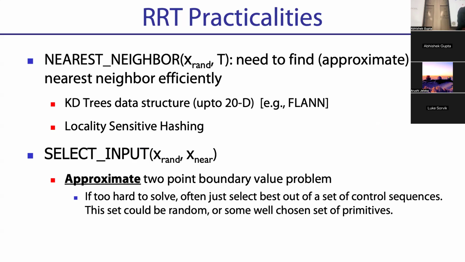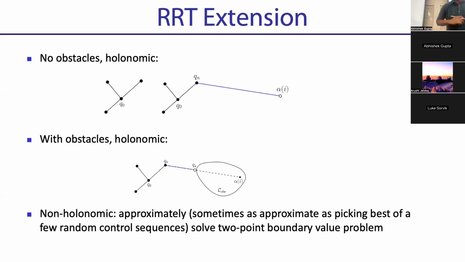And so the nice thing is that you can be approximate in how you solve this problem, right? If there's no obstacles and you can just teleport through space, then you can obviously connect magically from here to here. But if there's obstacles or if it's non-holonomic, right, then you might not be able to reach it exactly.